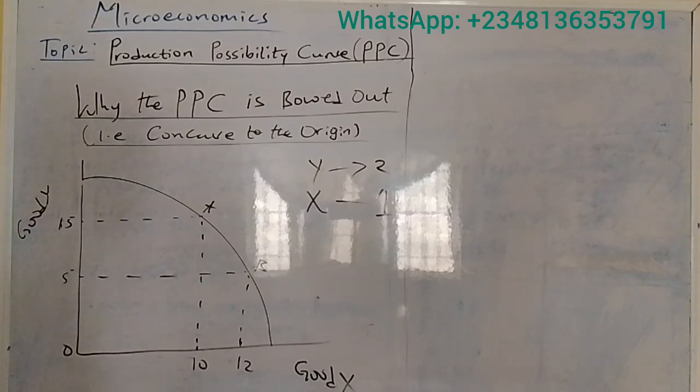What is responsible is increasing opportunity cost, in the sense that as the country reallocates resources away from good Y in order to produce more units of good X, the opportunity cost of producing more and more units of good X increases, because the opportunity cost of producing good X is the sacrifice we make by reducing the production of good Y.